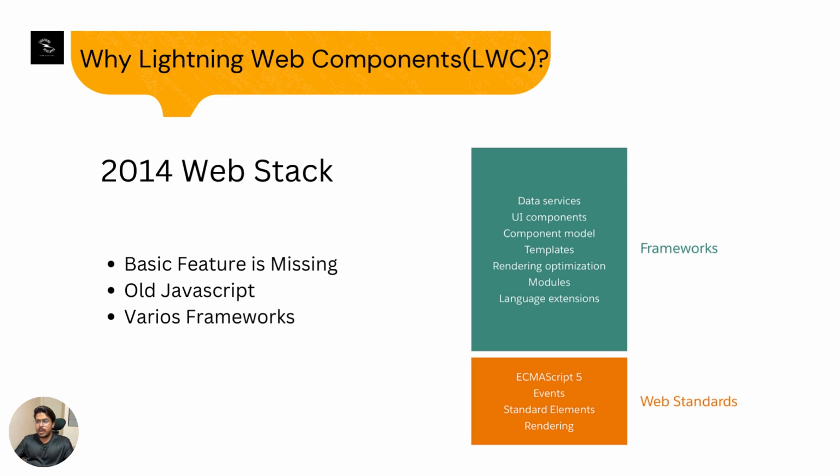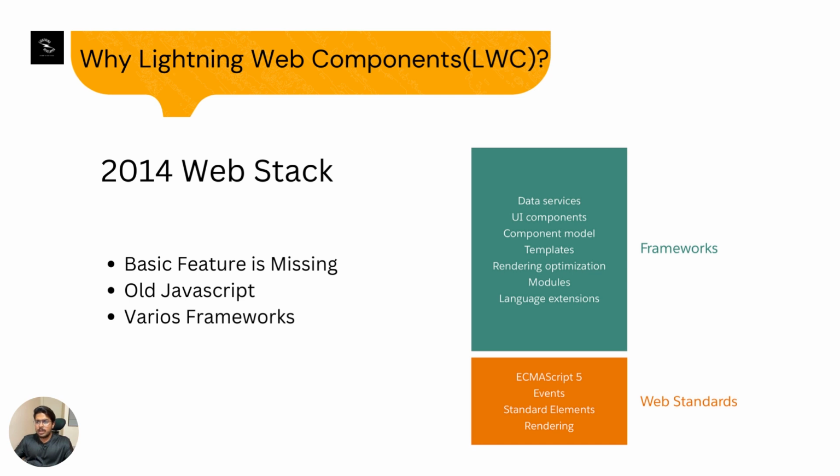All the essential key features required to create rich UI components were not present in the web standard. If you see here, it only contains ECMAScript 5 (JavaScript 5 version), events, standard elements, and rendering. So only basic elements are present inside the web standard.